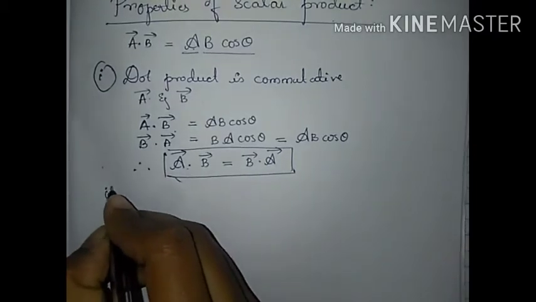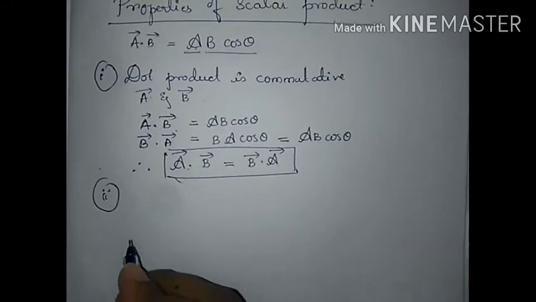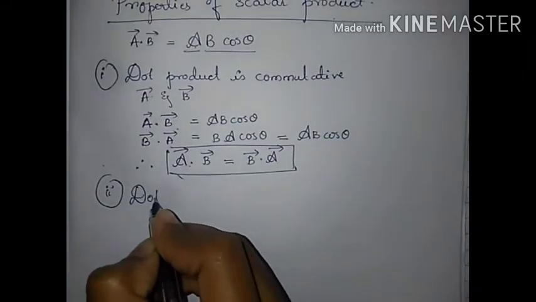Next property is that the dot product is distributive over the addition of vectors.